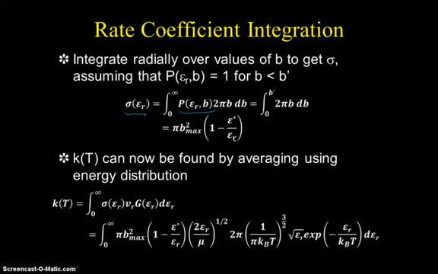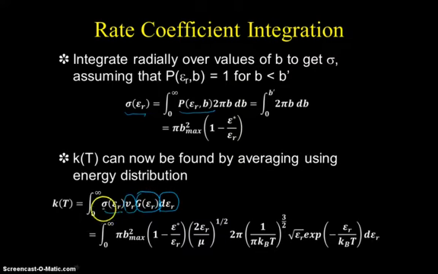Based on this, we can now find the rate coefficient, k of T. It should be given by the integral over all possible values of the relative energy of the system. That's what we're going to integrate over, of sigma, which represents the cross-sectional collision value, times the relative velocity, times the probability density, so the probability of observing relative energy epsilon r.